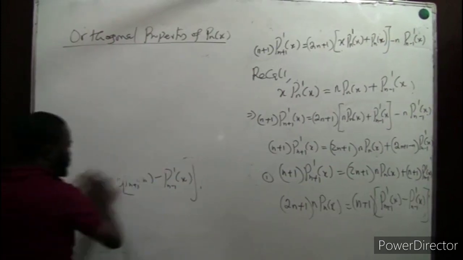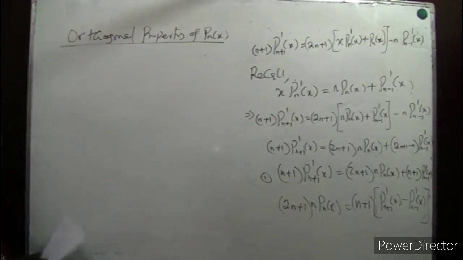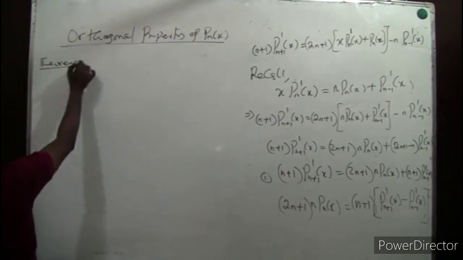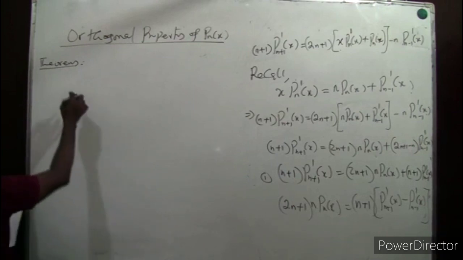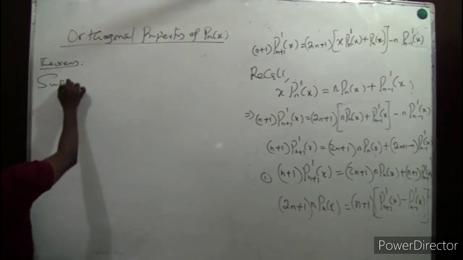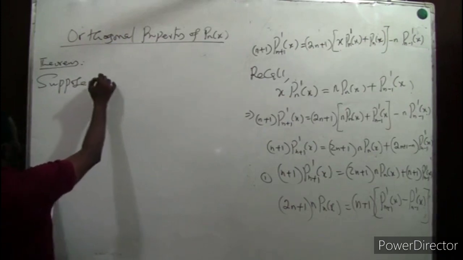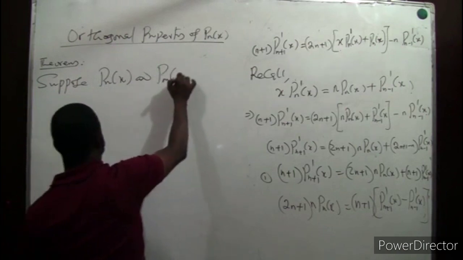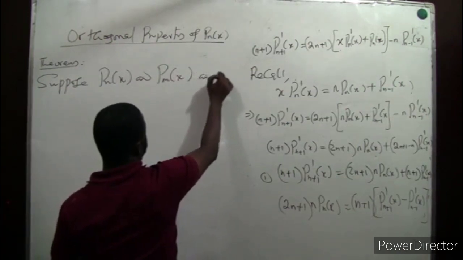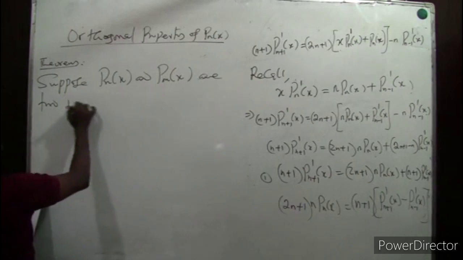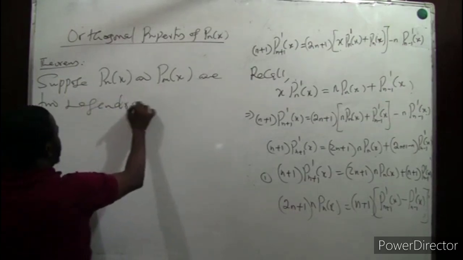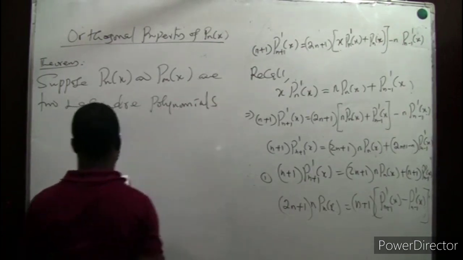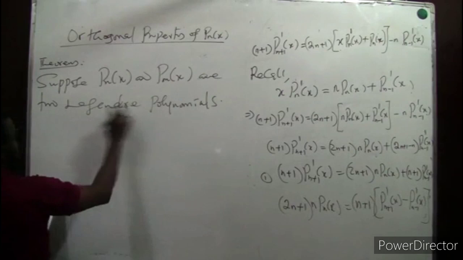So let's take it as a theorem. Theorem: suppose Pm of x and Pn of x are two Legendre polynomials of the first kind.